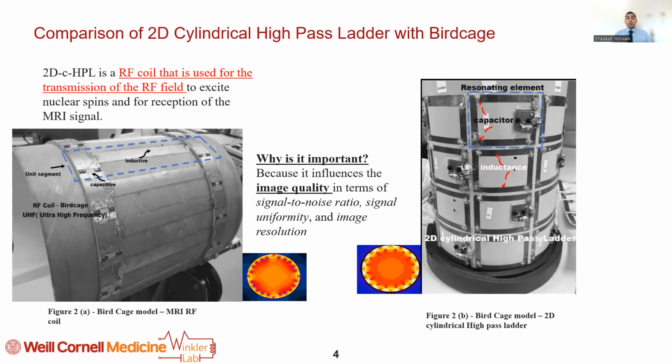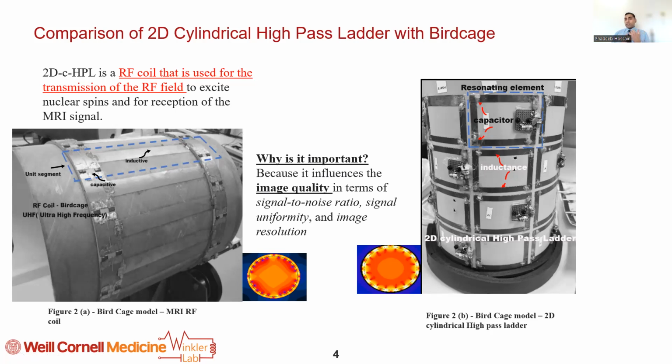That is very important, because a more uniform field distribution in turn affects the image quality and the SAR values. I'll go into detail on how a 2D cylindrical high-pass ladder is constructed, but as you could see from here, each resonating element consists of an L and C component, the inductance and the capacitance.